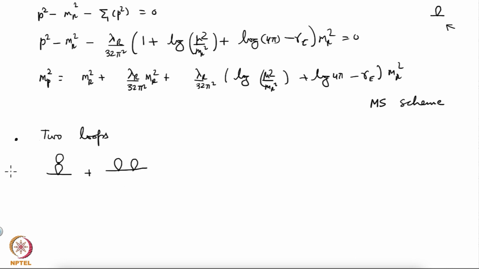So what I'm doing is I'm drawing all the diagrams that contribute to the 2-point function at order lambda r square. So this diagram definitely contributes. This also contributes. Then you have this one that also contributes because you have a lambda here and lambda there. This is called sunset diagram in the literature. And these ones are called cactus diagram. Okay, they look like cactus.